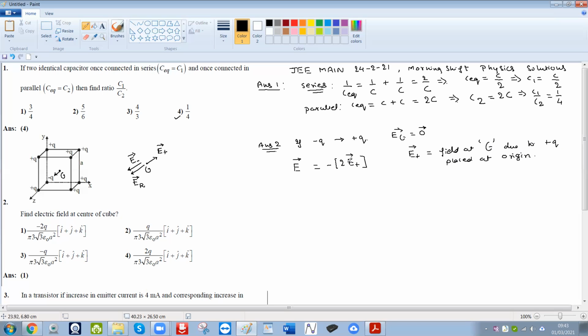So now we just need to identify field due to this positive charge.